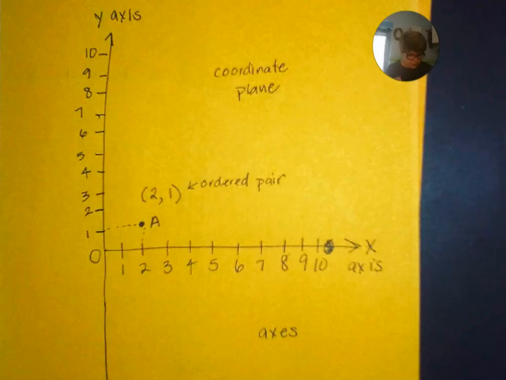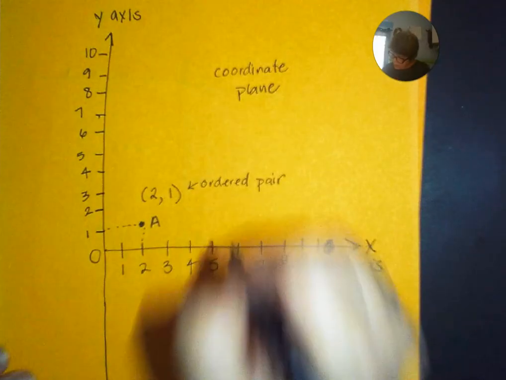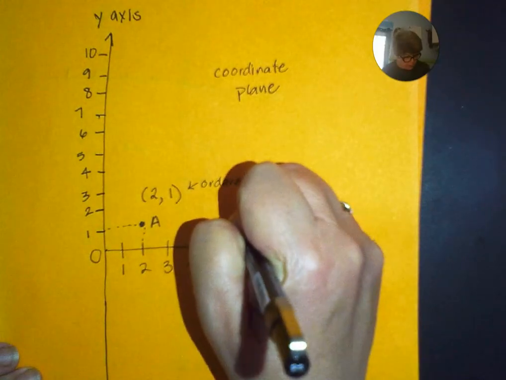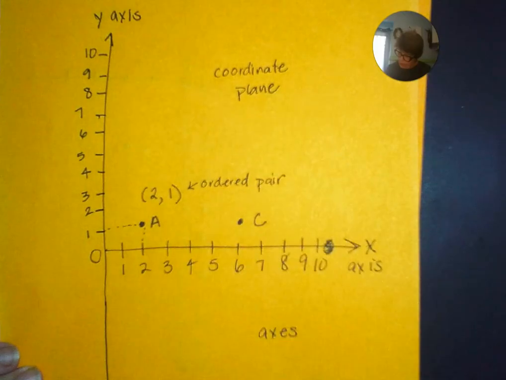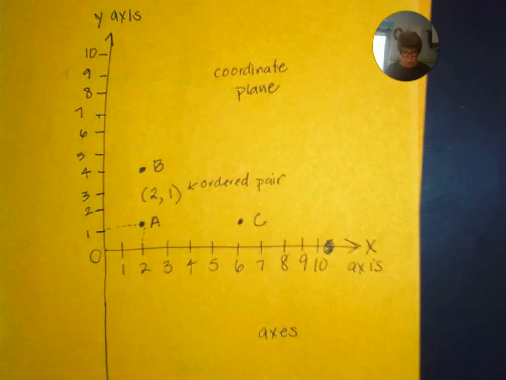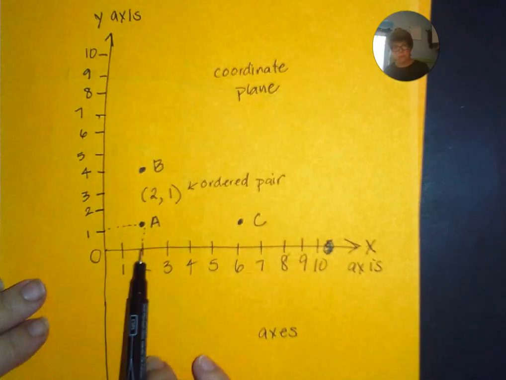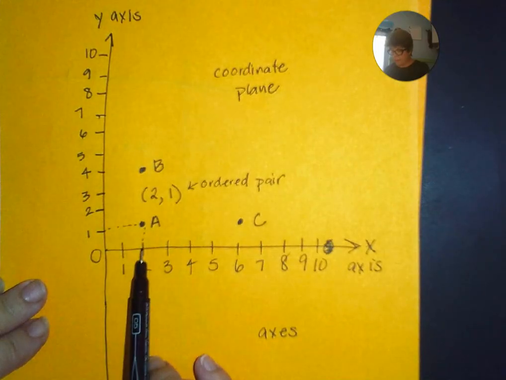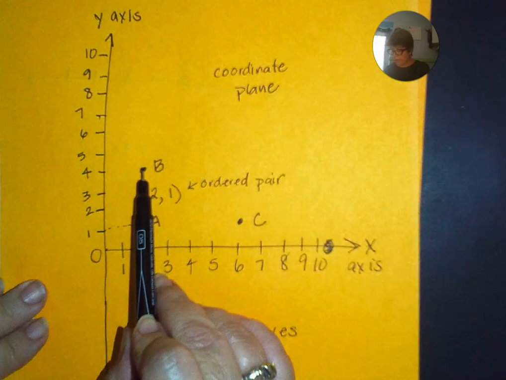Okay, so let's look at some more points on our coordinate plane, and then we'll jump into our next video. So what if we had a point here, and we called it C, and what if we had a point here and we called it B? What would be the ordered pair for B? X, 2, Y, 4, right?